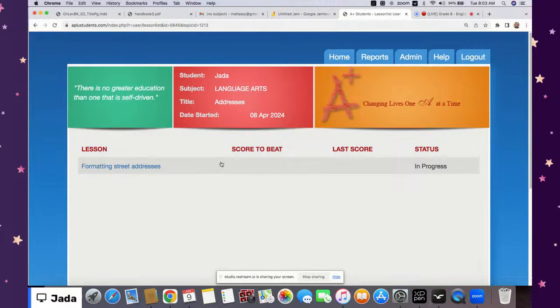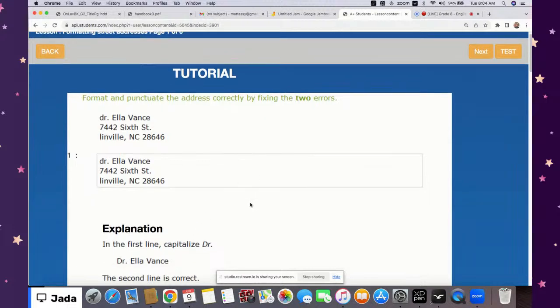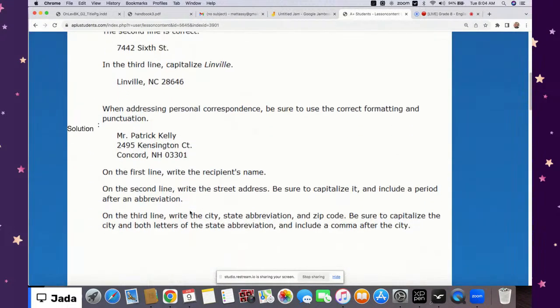So we have the lesson which is formatting street addresses. Now we will start. Okay, so first of all, we need to understand the steps for an address.